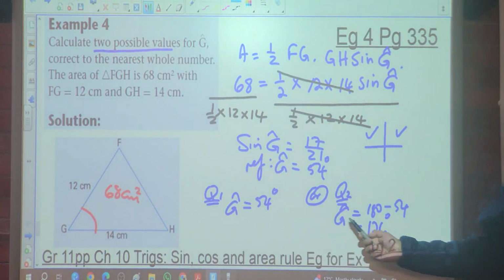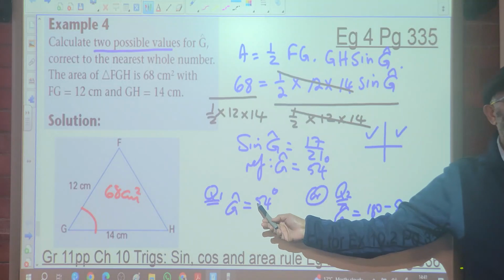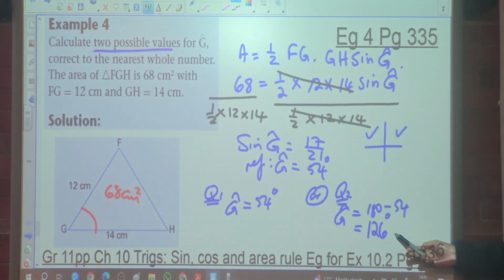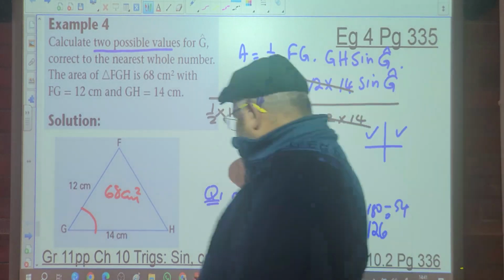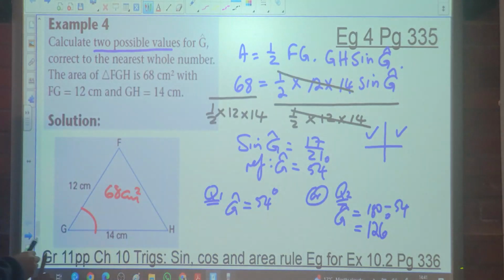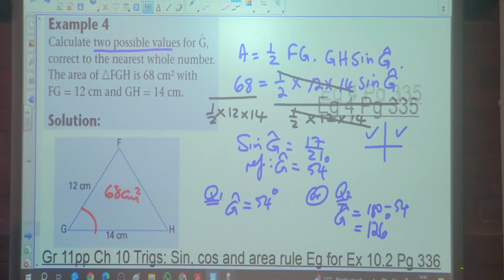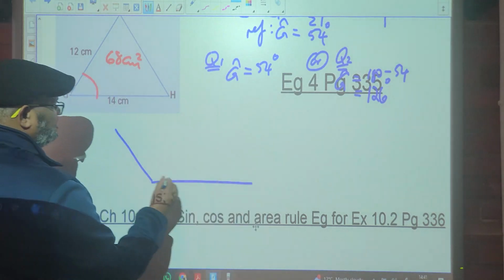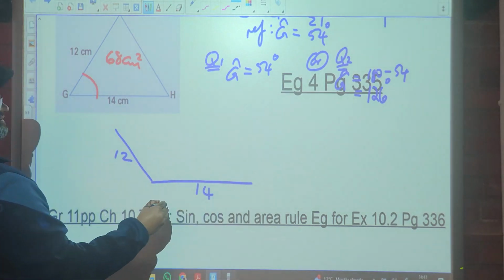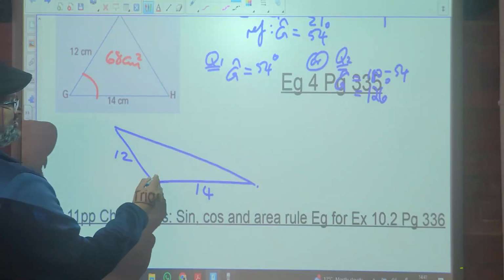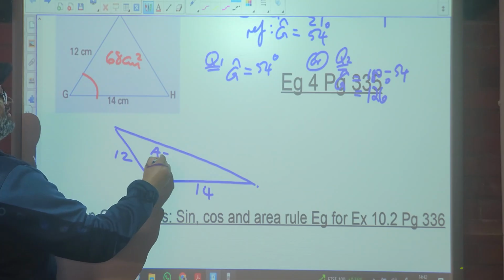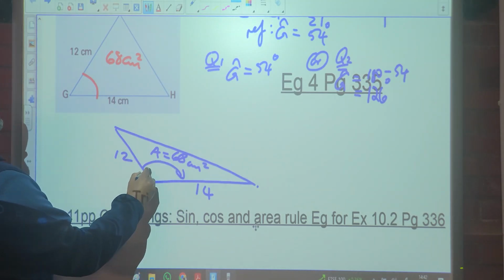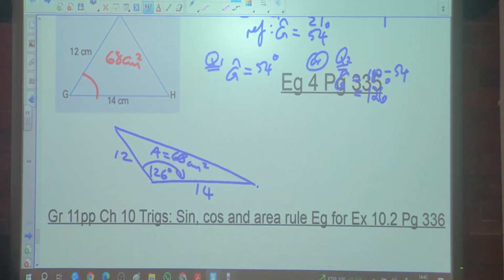What do you notice about this? What type of angle is this? Acute angle. This is an obtuse angle. Can you see that, people? If I draw a similar triangle with the same lengths, one of 12 and one of 14, that angle with an area of 68 centimeters squared will exist at an angle of 126 degrees.